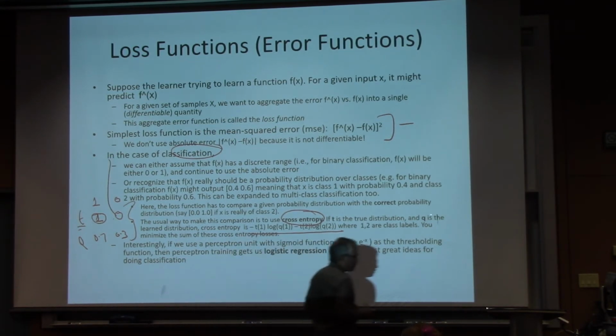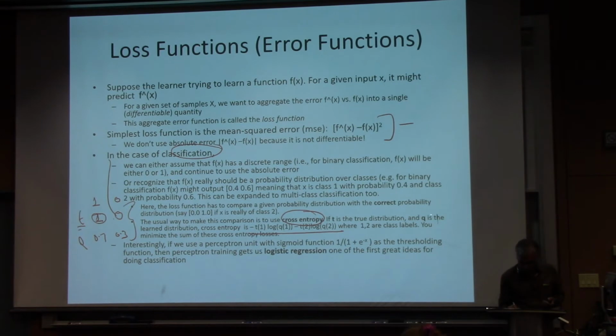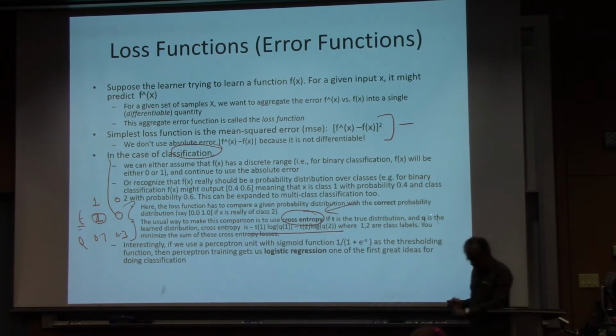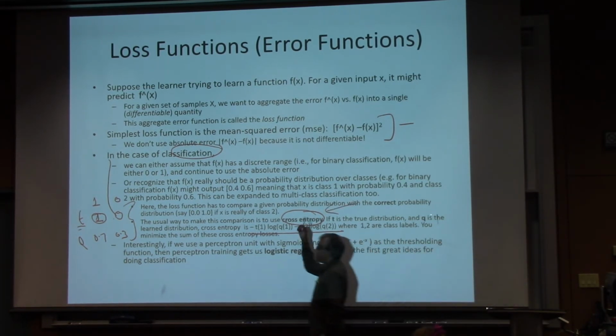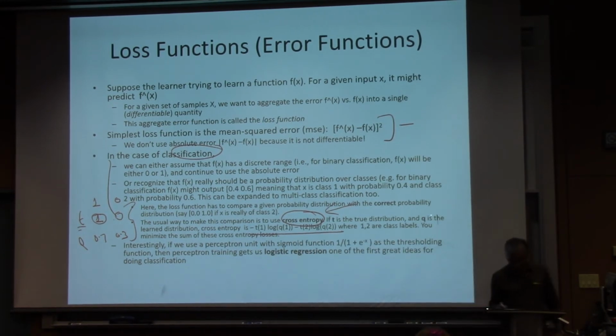One other specific one which actually works for probabilities, and we will see this more when we get to decision trees, is cross entropy. Cross entropy comes from information theory. Very impressive lineage. It is defined as minus T of 1 log Q of 1 minus T of 2 log Q of 2.